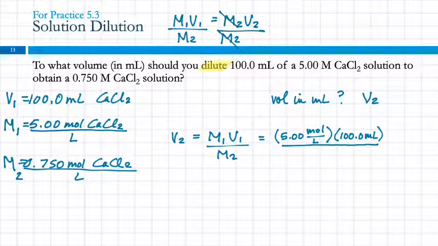And we might anticipate that there could be a problem with units, but let's just put all of it together, and oftentimes it'll take care of itself. So down in the bottom, I have the molarity of the second solution, which is 0.750 moles per liter.